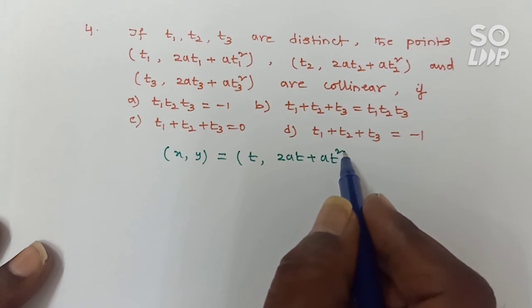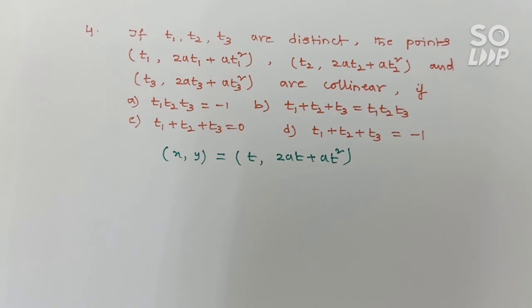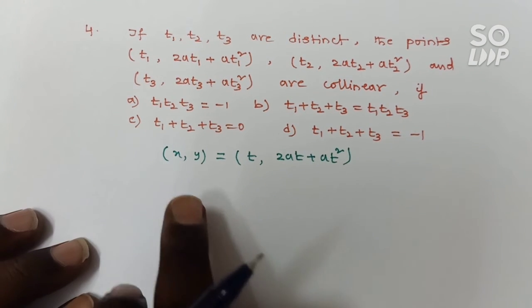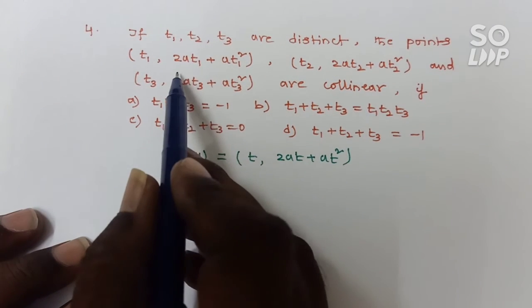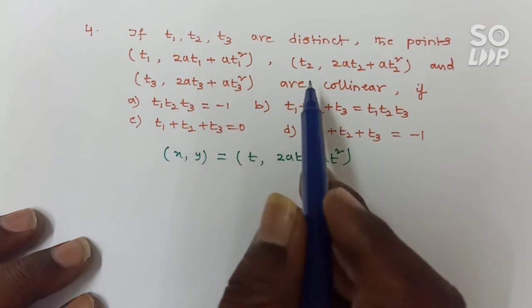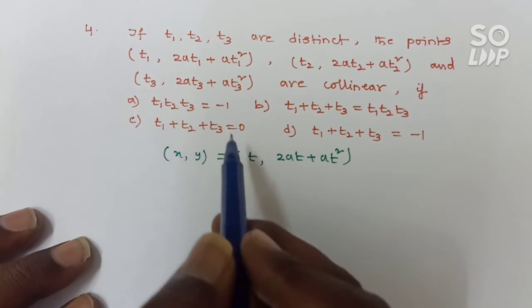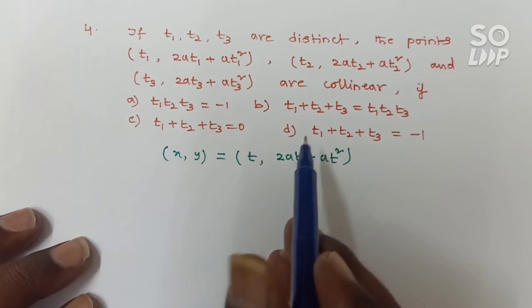This is any point; collinear means all the points lie on the same line.